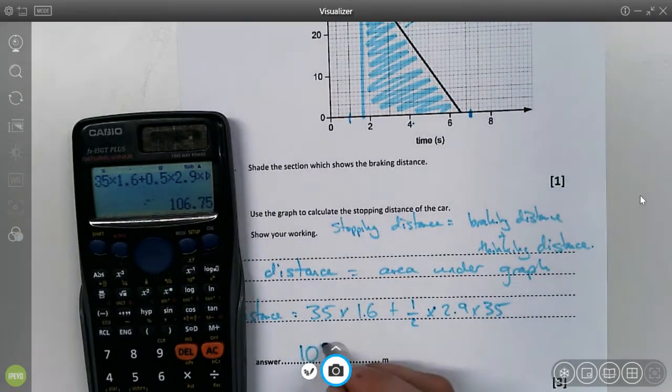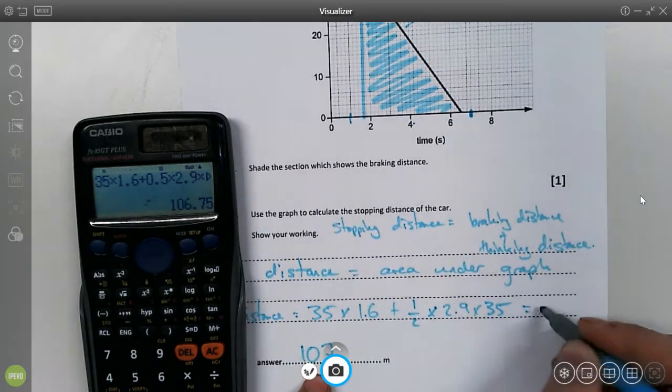Which is 100, I'm just going to round it up, 107 meters. I might write the full value here if I'm worried about rounding.